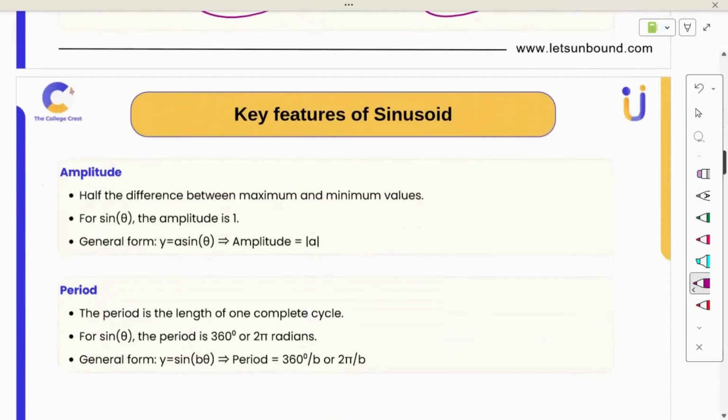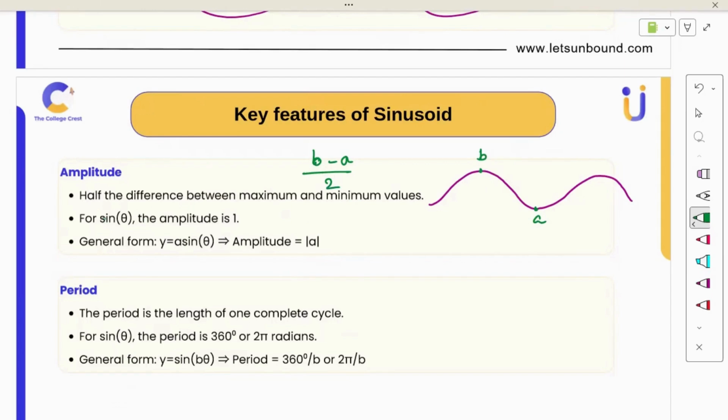Now let's see key features. There are 4 important things. First, amplitude of a sinusoidal. They will follow a wave pattern, sine and cos, right? Amplitude means half the difference between the maximum and minimum. So you should know the maximum and minimum, then subtract them and divide by 2. So if the maximum is B and the minimum is A, you just do B minus A, divided by 2.